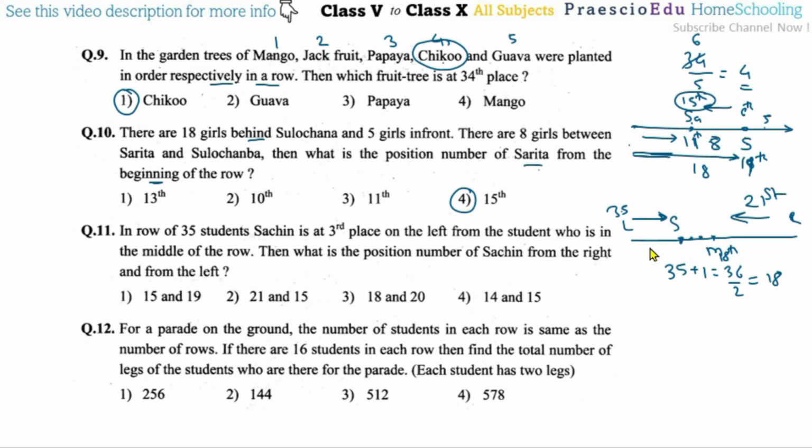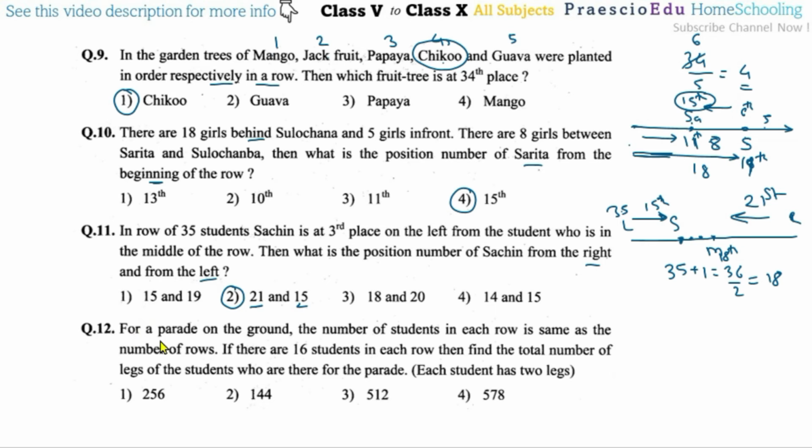I am again saying, for deduction we have to deduct the previous number. So 15th and 21st, first from the right and then from the left we have to count. So right 21st, and from the left side 15th. So option number 2 is the correct one.